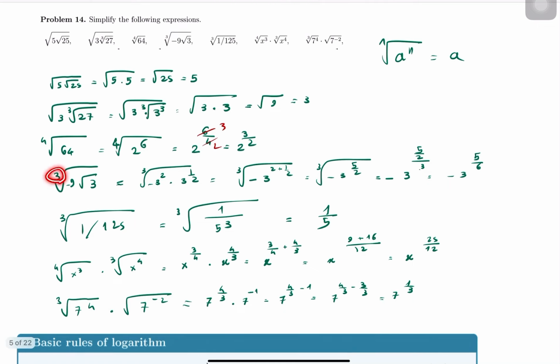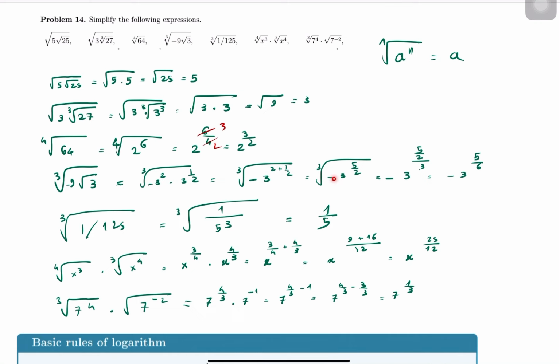If the root is an odd number, we can take the radical of a negative number, no problem. Here 3 has power 1 and the root is 2, so we can write 3 power half, and 9 is 3 power 2, again the same base, so we can add these two powers and we find this result.